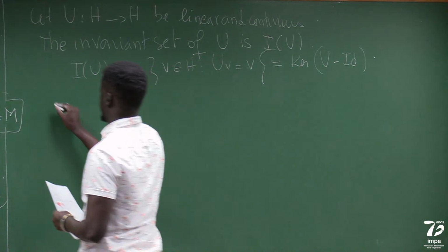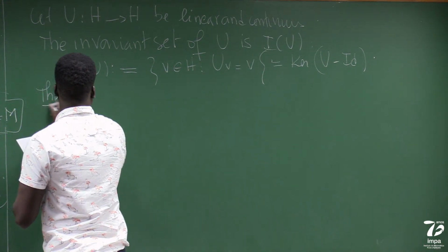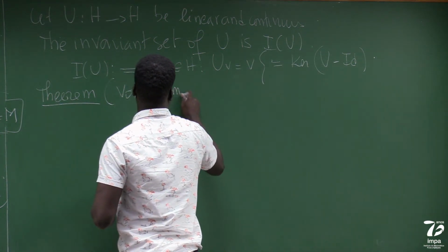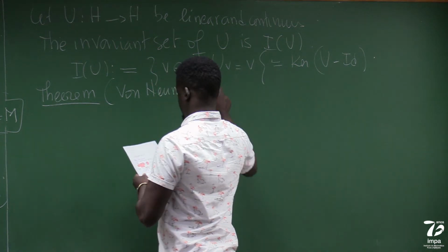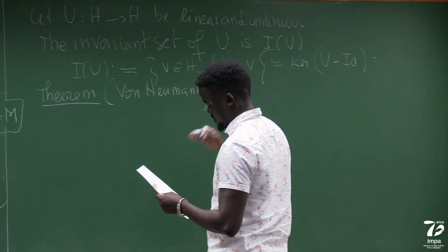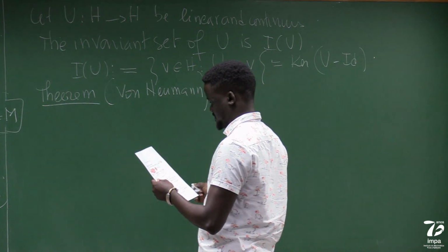So this is the theorem, the von Neumann ergodic theorem. All the theorems we will see here are about space average going to time average going to space average.